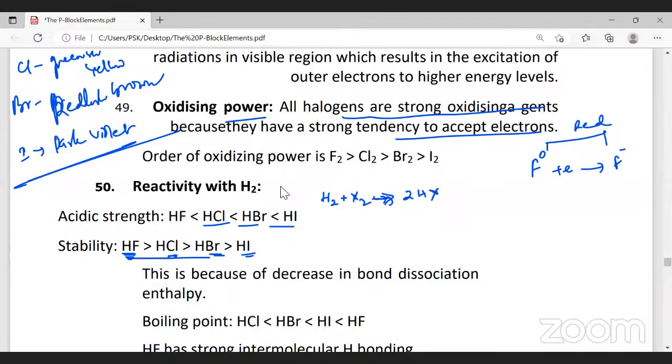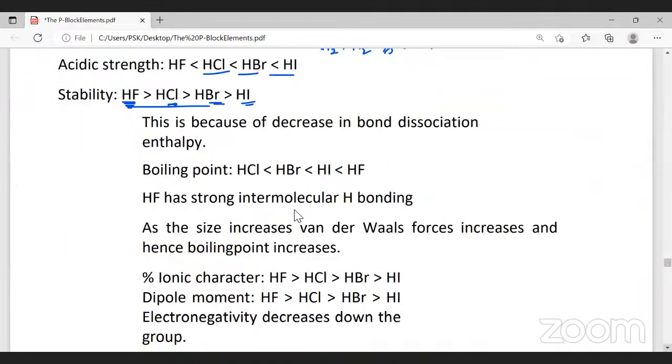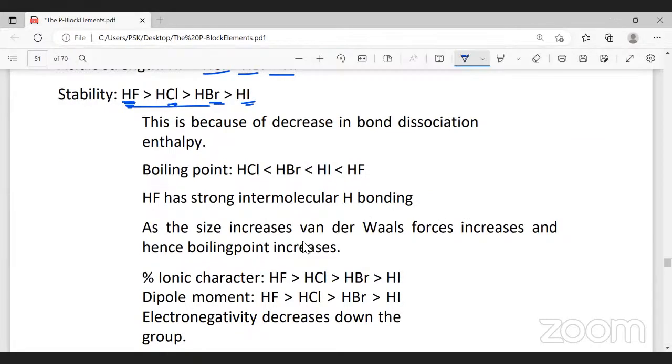Similarly, the boiling point: HCl is less than HBr, HBr is less than HI, HI is less than HF. HF has strong intermolecular hydrogen bonding. As the size increases, van der Waals force increases, hence boiling point also increases. We know that going down the group from fluorine, chlorine, bromine, to iodine, the size increases and the mass also increases.